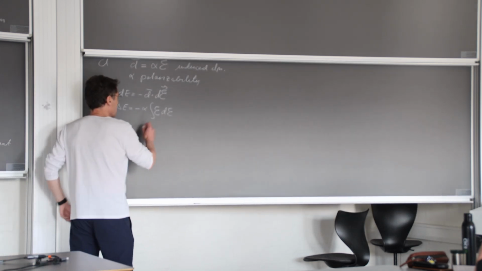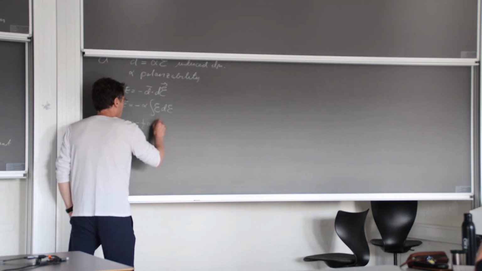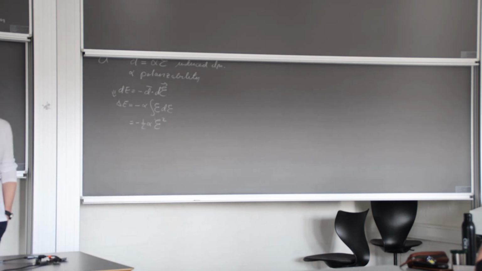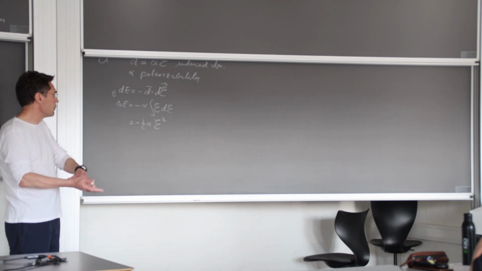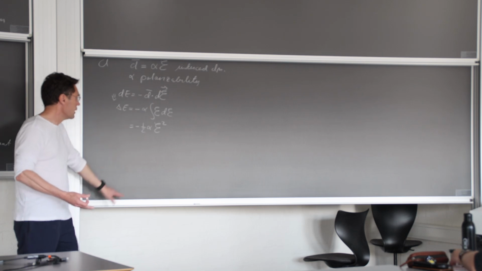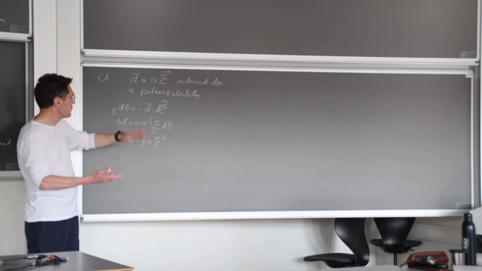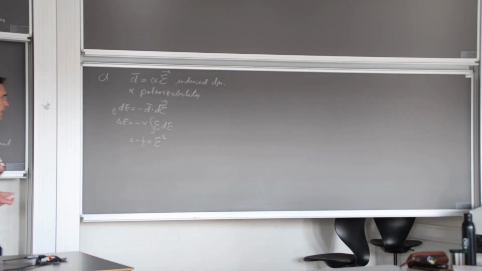And what you can see is that in the end, this is just going to give me minus a half, like this. And so that's the final energy stored in that atom in an electric field. Because you should think of it as building it up from a field of 0 to some finite field, and initially you get very little because there's no dipole moment, but as you increase the field, the dipole moment increases, and that gives you this final result.